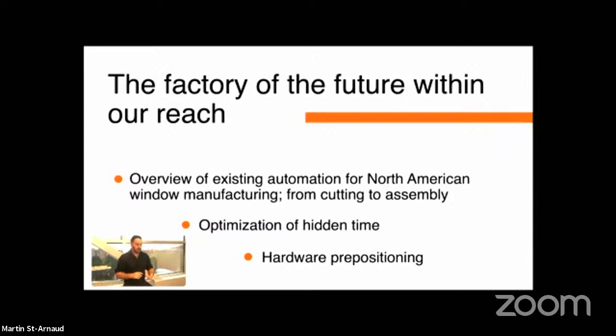This also applies to tilt and turn windows, so European style windows. Just a little difference here and there. But if you do have questions, please feel free to ask your question live. I'll do my best to answer as you're asking them. So optimization of heading times and hardware pre-positioning is going to be today's subject.